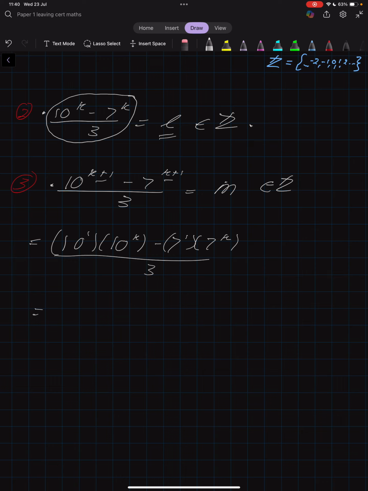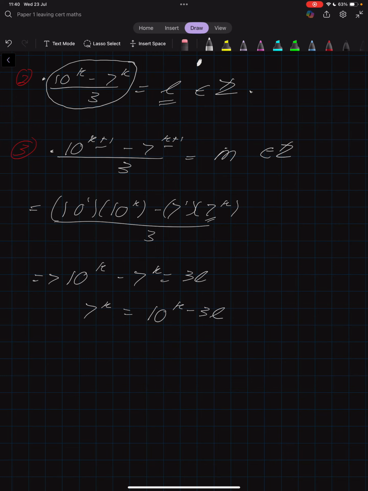Okay, I think the simplest way to do this is to come back up here and get rid of this 7 to the power of k. So I can go back up top and say, well, I know that 10 to the power of k minus 7 to the power of k is equal to 3L by assumption. So 7 to the power of k is equal to 10 to the power of k minus 3L.